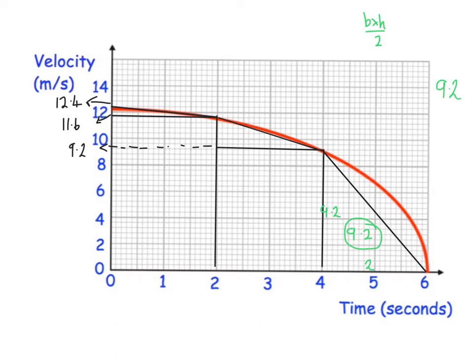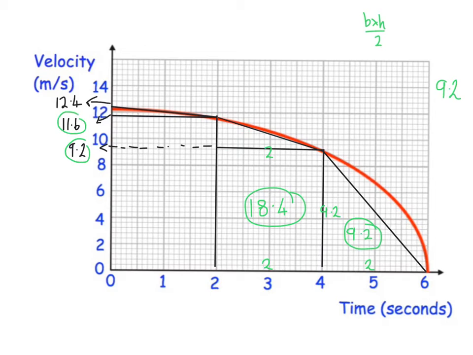Then we've got this rectangle here. Area of a rectangle is base, 2 to 4 is 2, times height, again 9.2, so 2 times 9.2, which is going to be 18.4. Then we have this triangle here, and we've got a base of 2 again, a height between 9.2 and 11.6.